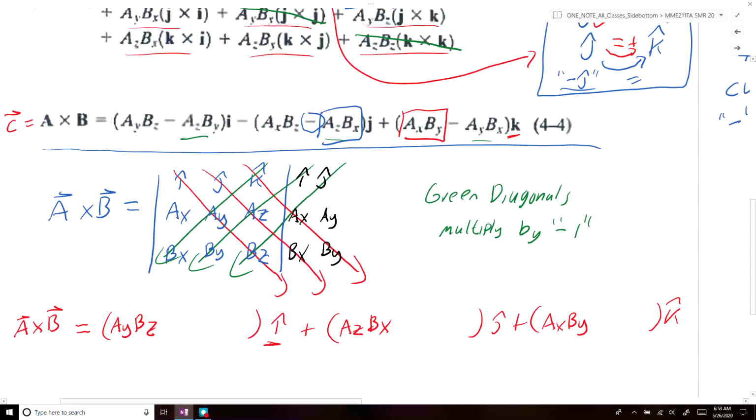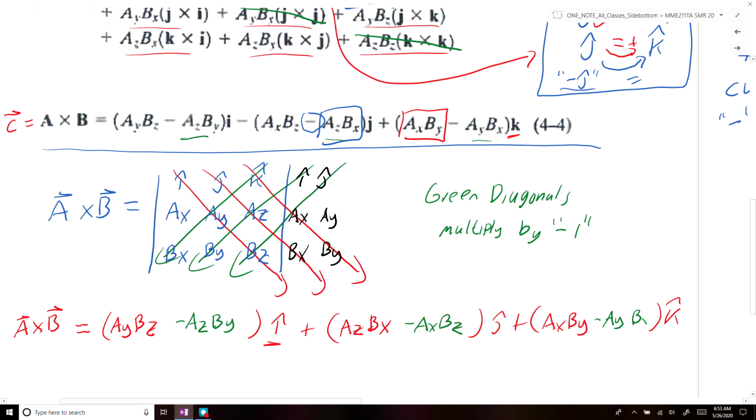So for the unit vector k, we'll get minus ay times bx. For I, we'll get minus az times by, and then for j, we'll get minus ax times bz.